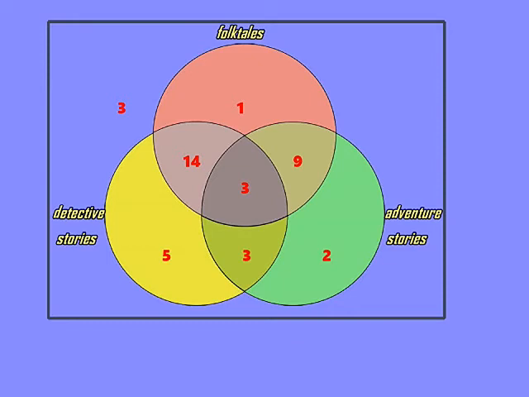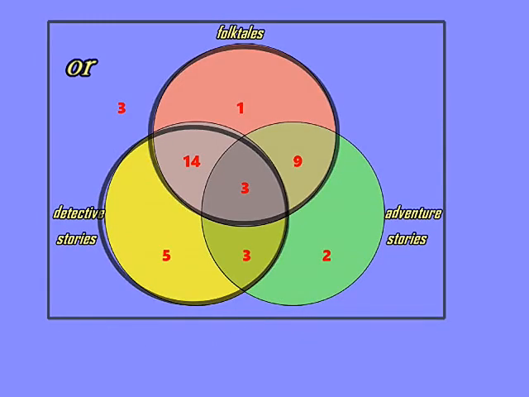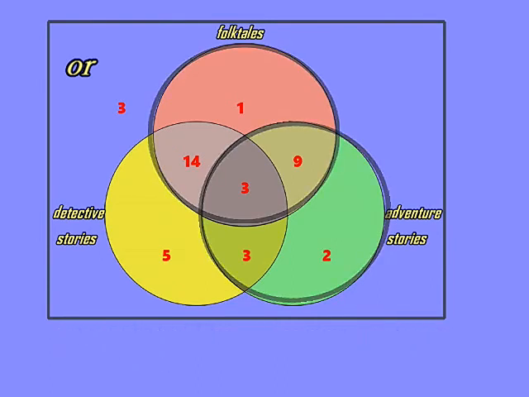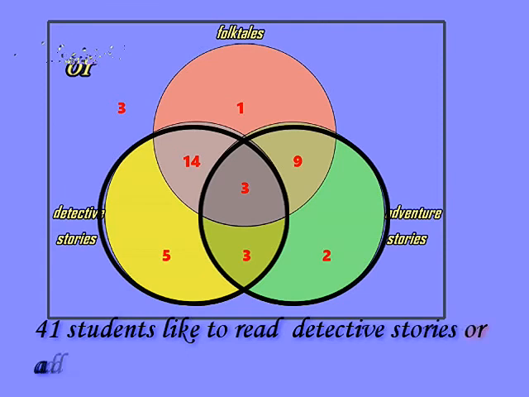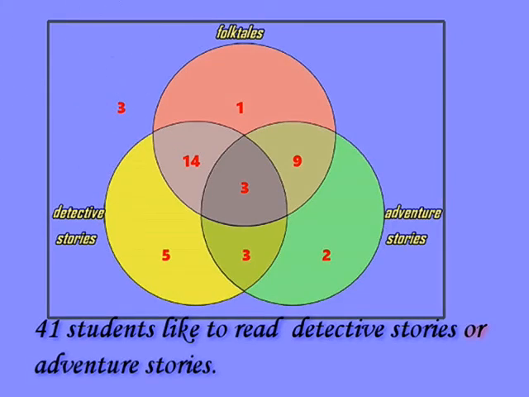Let's say about this section using the conjunction or. 35 students like to read detective stories or folktales. 32 students like to read adventure stories or folktales. 41 students like to read detective stories or adventure stories.